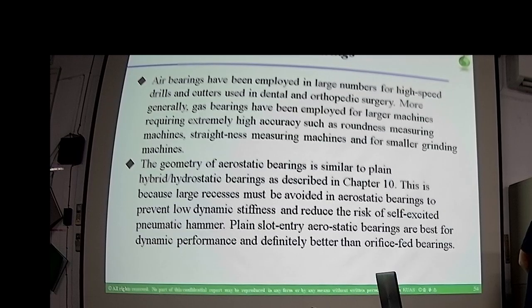So the coefficient of friction for the air is 100 times smaller than the oil hydrostatic bearing. Therefore, for air bearing, you can easily run in 100,000 RPM. But for hydrostatic spindle, usually the maximum rotational speed is about 3,000 RPM.